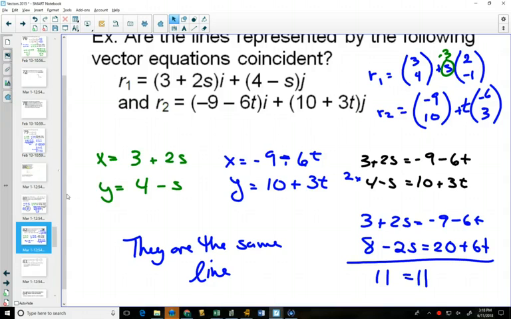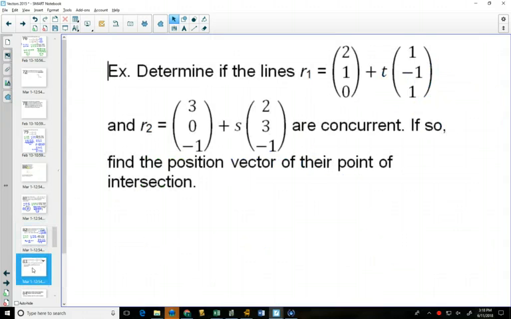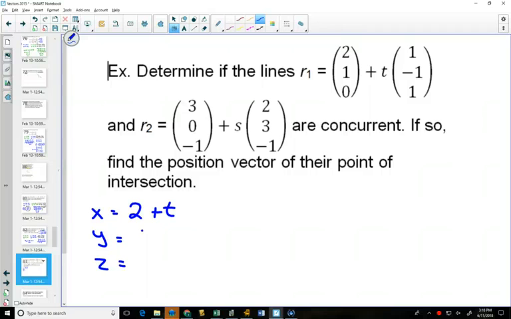The last one we're going to do together. Determine if the lines, and this is in 3 dimensions, are concurrent. And if they are, we're going to find their position vector. So our parametric equations from the first line are 2 plus t, 1 minus t, and t.